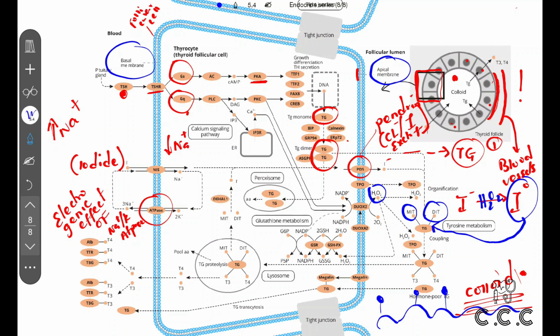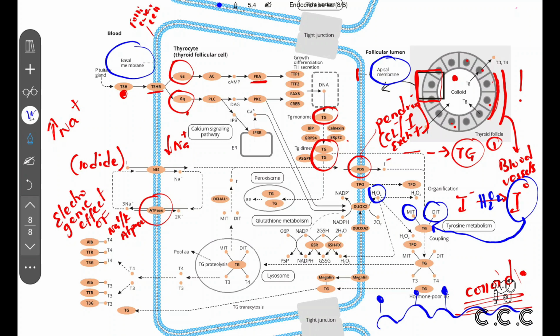And then just after the oxidation process takes place, the next thing we are doing is that we want to ensure that this iodine is being bound to our tyrosine residues on our thyroglobulin, and this process is called the iodination process. And eventually, when we're able to form the monoiodotyrosine or the diiodotyrosine, we want to couple it together.